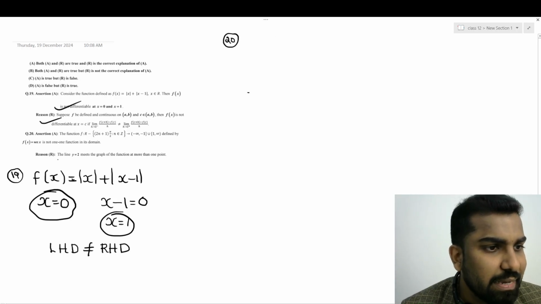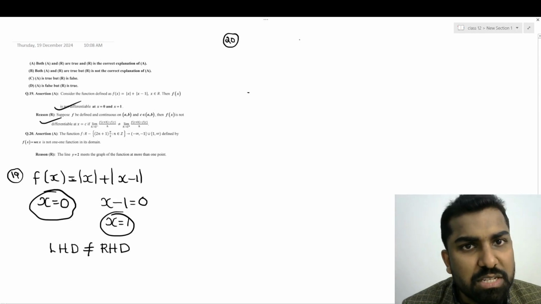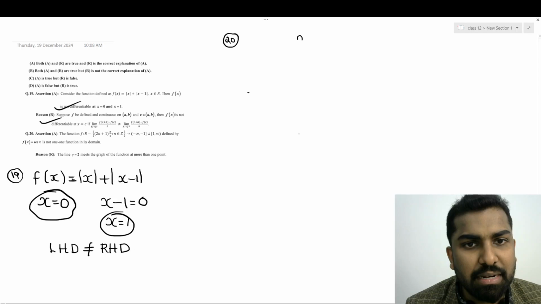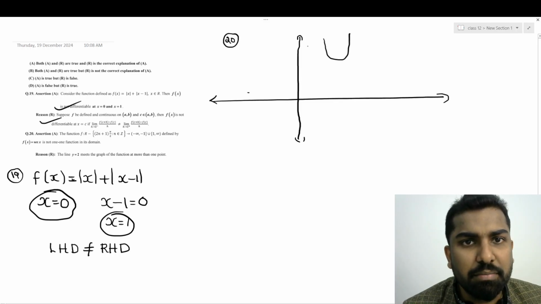Now the next statement is the reason: the line y equal to 2 meets the graph of the function at more than one point. Definitely it is fine. I am just drawing the rough figure of the sec x function. The sec x graph will come like this.